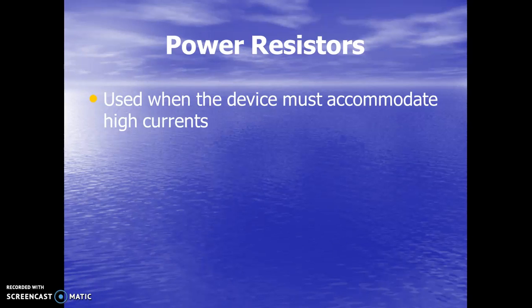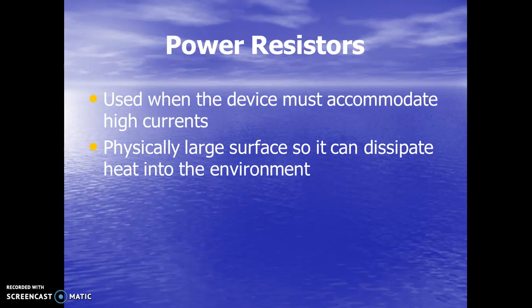When the currents are high, the power is proportional to current, and therefore the power goes up greatly. When this happens, our resistors will absorb a lot of power, and as we recall, the first law of thermodynamics, energy can't be created or destroyed. The power that it consumes is converted into heat.